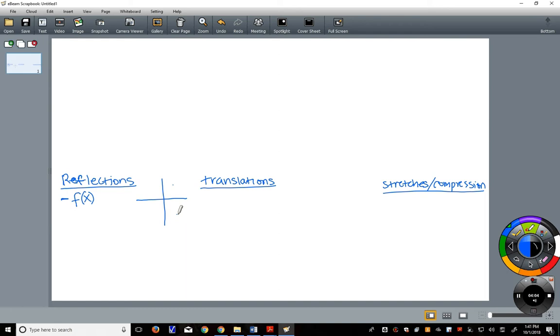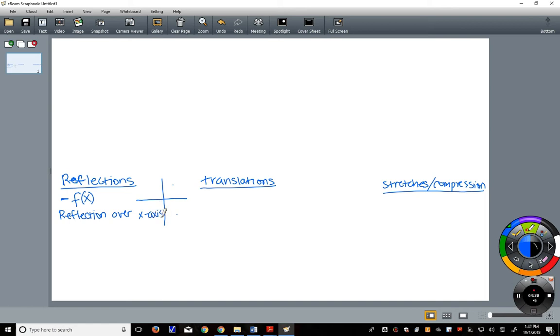So this negative out here is affecting the y values, what you have after your function is done. And by changing the y values, you're causing your graph to flip or reflect over the x-axis. Whenever we see this type of transformation, we're going to label it as a reflection over the x-axis. Does everybody understand?